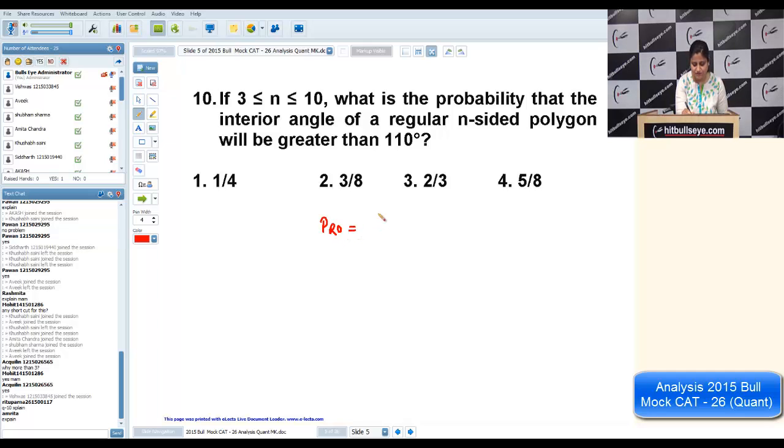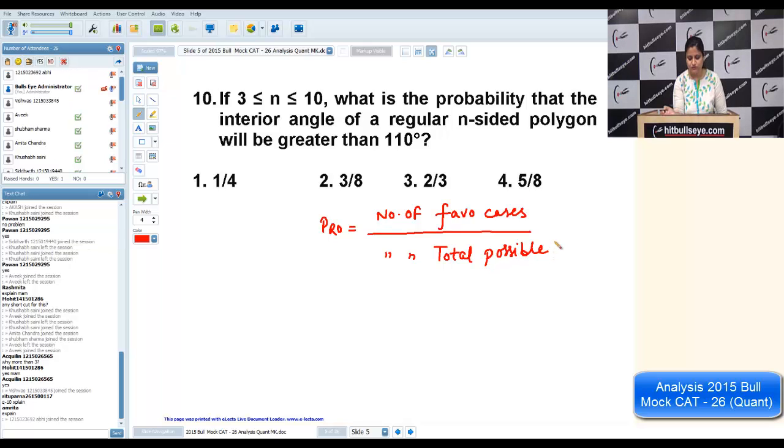Probability is the number of favorable cases divided by the number of total possible cases. Now we are making a choice on n. N can take any value from 3 to 10. How many numbers are there? From 3 to 10, they are 8. 10 minus 3 plus 1, or you can take 10 minus 2, 8.